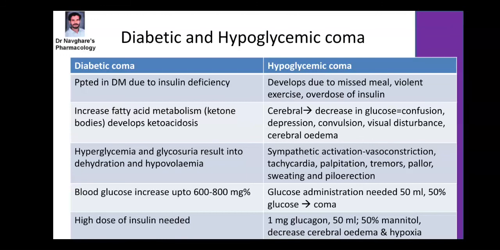Sympathetic activation leads to vasoconstriction, tachycardia, palpitation, sweating. For treatment of hypoglycemic coma, only glucose administration is beneficial. Sometimes glucose along with glucagon can be administered to relieve symptoms associated with hypoglycemic coma.